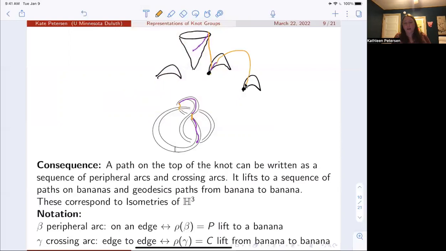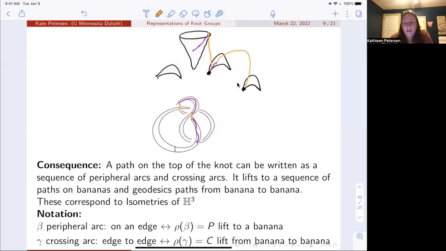Okay, and the other observation is that if you take a smaller and smaller neighborhood of the knot, notice that up here, these two adjacent crossing arcs, they only differ by a little peripheral bit in between. So that's the in-between peripheral bit right there. They join at that same ideal point of the banana.